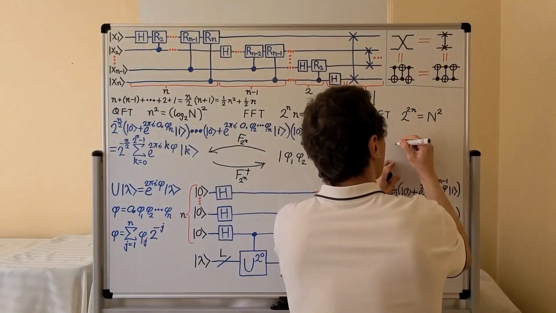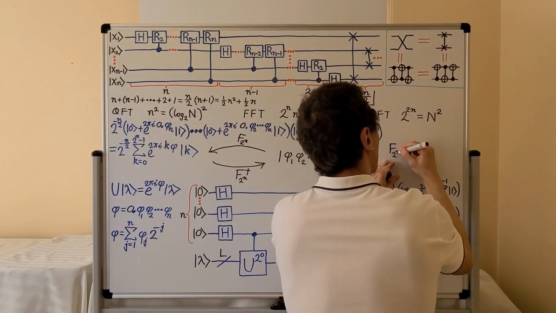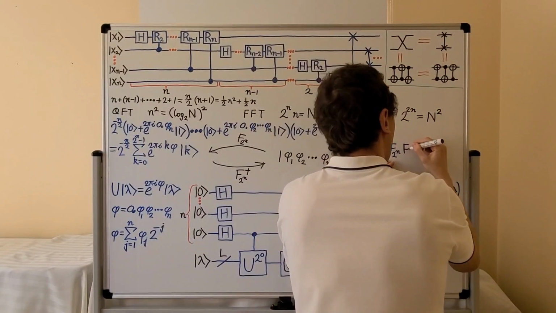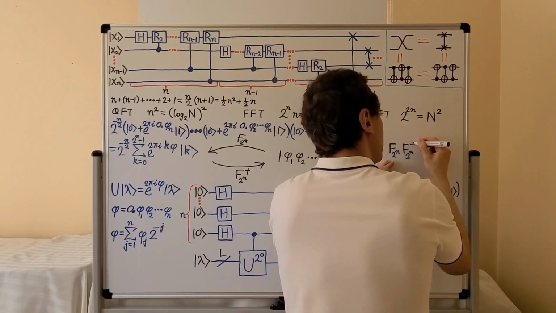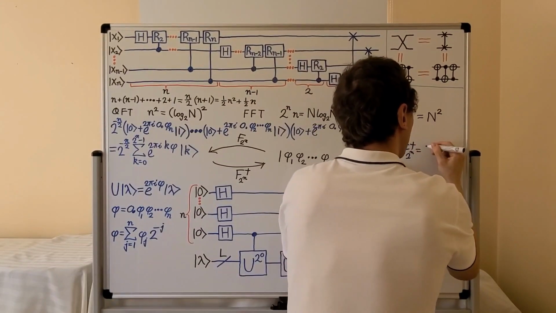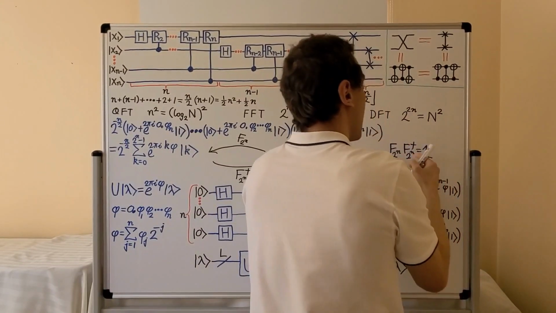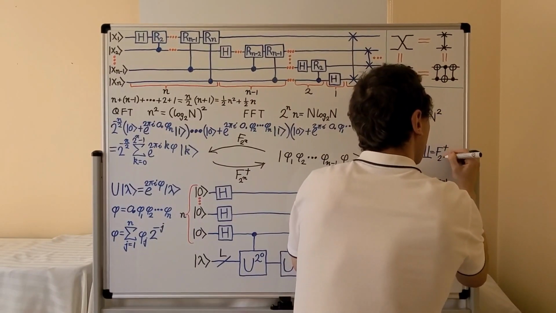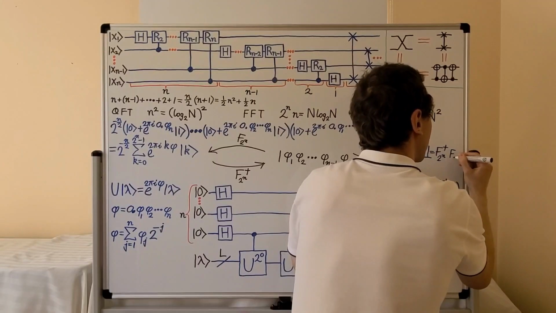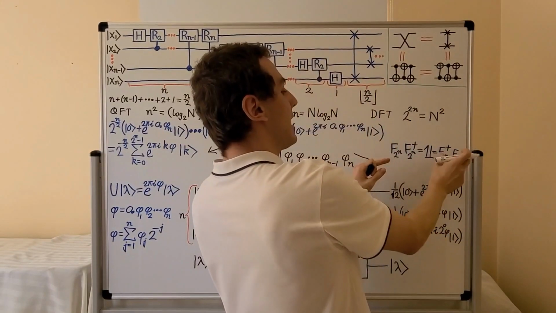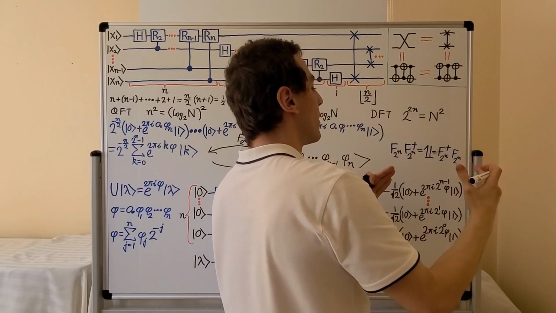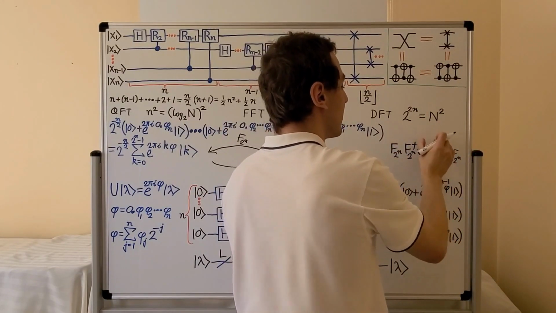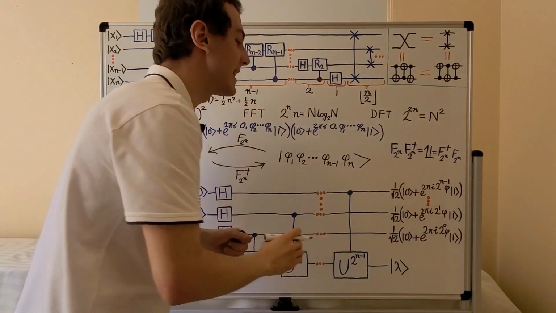So we can write that as F for an n-qubit system times F 2 to the n inverse, or the Hermitian adjoint, that is equal to the identity. And we can also swap the order around. We can write the inverse first, and then we can apply the quantum Fourier transform. And either way, the quantum Fourier transform is going to undo the action of its inverse, and we're going to get the identity. So it's the same as not doing anything at all.